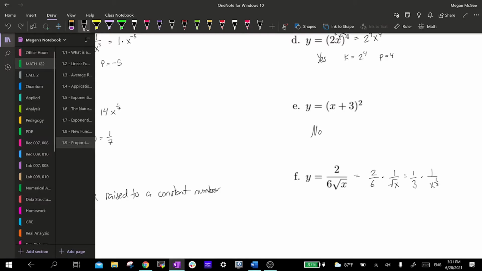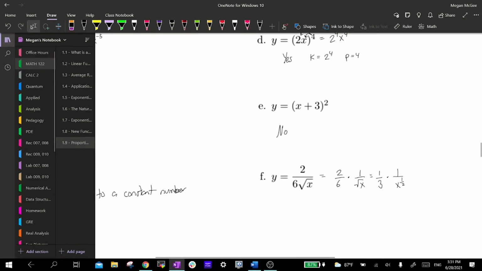Remember those fractional exponents. And we can move it around one more time to get 1/3 times x to the negative 1/2. We bring it back up in our numerator, right? We just have to make the exponent negative. So, yes, this is a power function with k is equal to 1/3, and our power is negative 1/2.